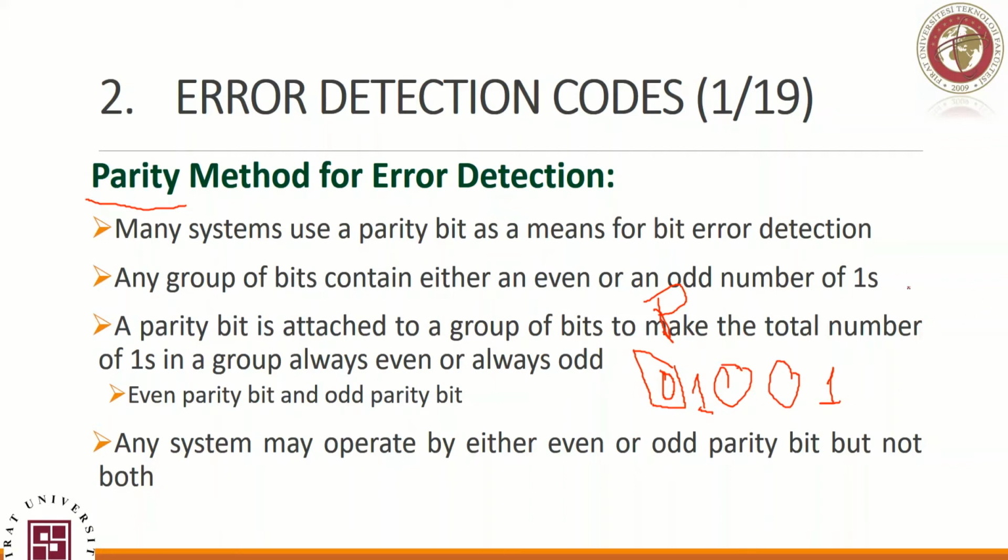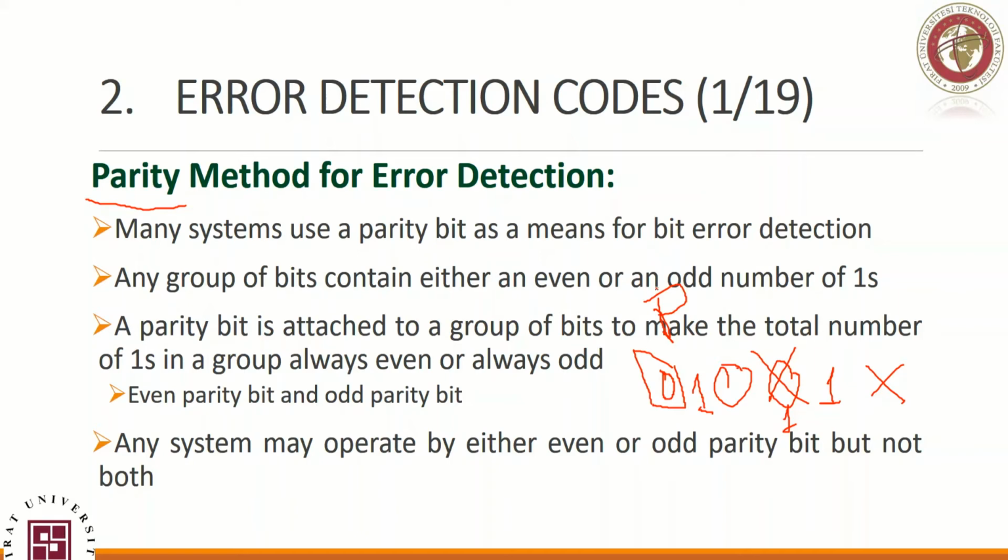When we receive it at the receiver side, we know that it must have an even number of ones, so it will count them. If they are not even, then we have an error. Let's say this one is changed from 0 to 1. Now count the ones: 1, 2, 3. It is not even. Then it will tell you there is an error in your code.